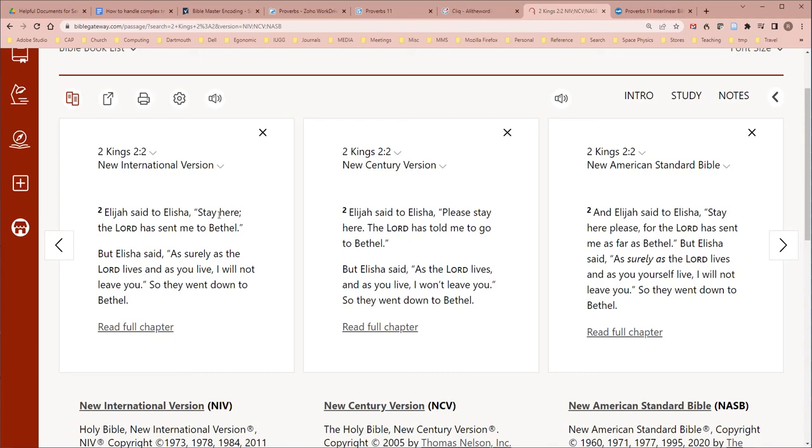We do allow the perfect if it can be represented with a past tense using an adverb like recently or previously. So you might say, and we only allow it if it can be used with either of those options. So here, the Lord previously sent me to Bethel.